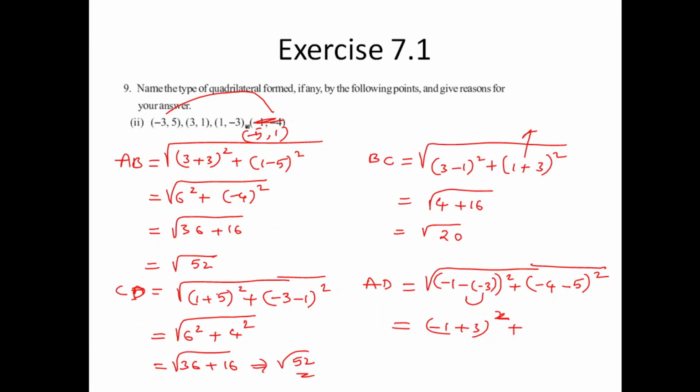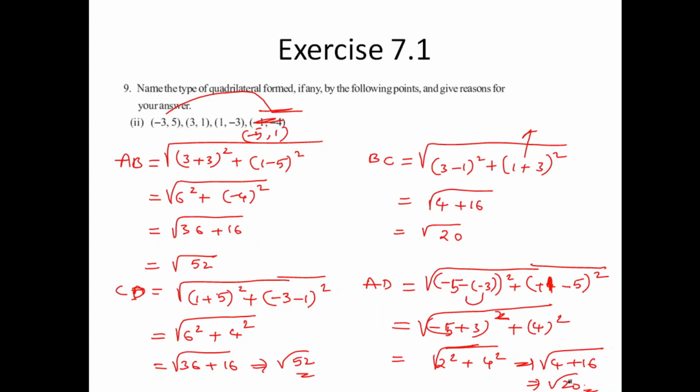And similarly, I think I have seen from here exactly because I know the numbers already. So x2 minus x1. Yeah, x2 minus x1. I'll have here 2 square, here 4 square, as you can see that. So the resultant is 4 plus 16, that is your root 20, your root 20.